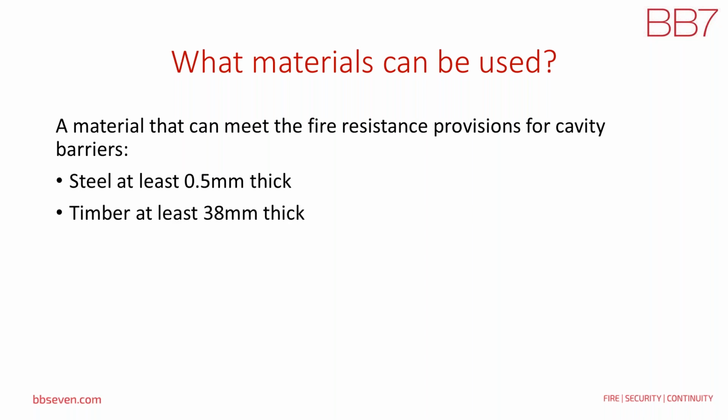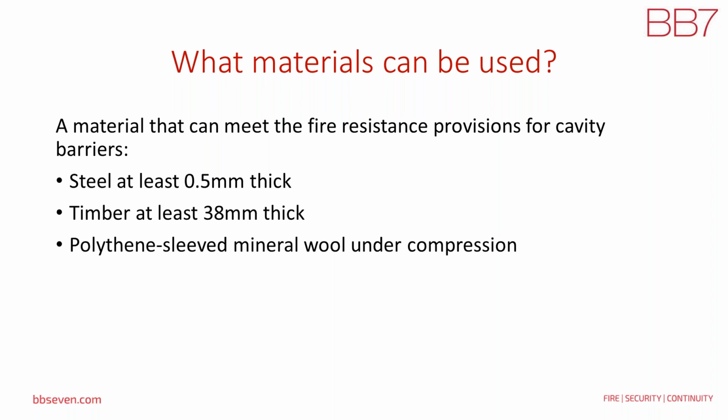Timber, although it's combustible, can be a fire barrier. As an example of that, the window frame. If you've got a timber window frame and it's at least 38 millimeters thick, this can be construed as a cavity barrier.